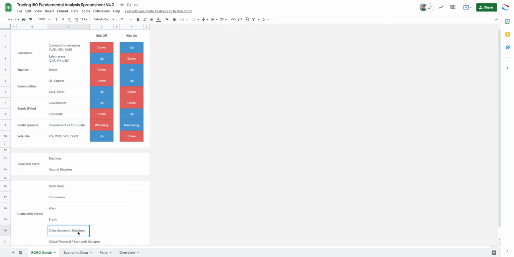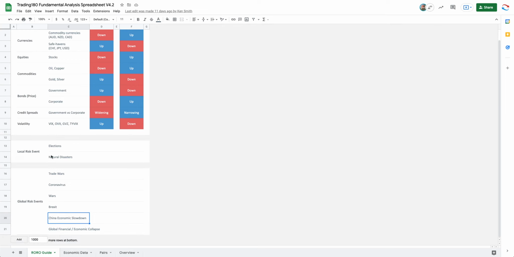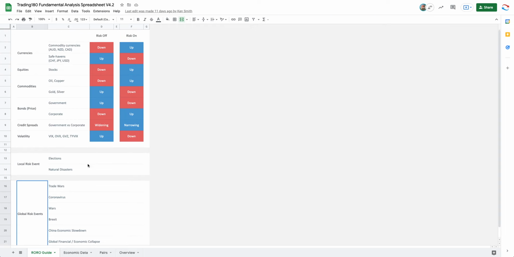If you see these types of events as front page news on sites like Bloomberg, Reuters, Financial Times, and any of the big national publications, then you can pretty much guess what environment we're in, whether we're more in a risk on or risk off environment. So this is just a reminder and a template to understand where we are and where money typically flows in a risk on or risk off environment.